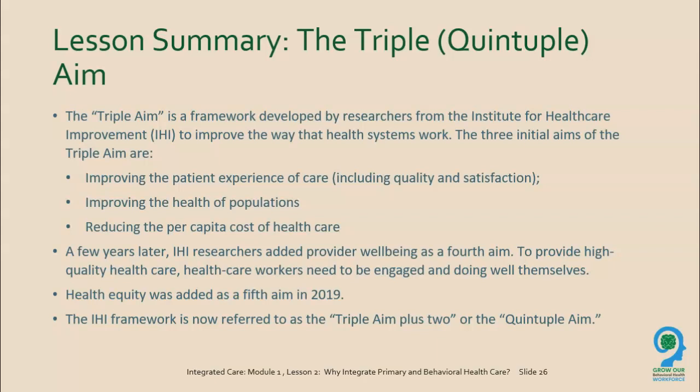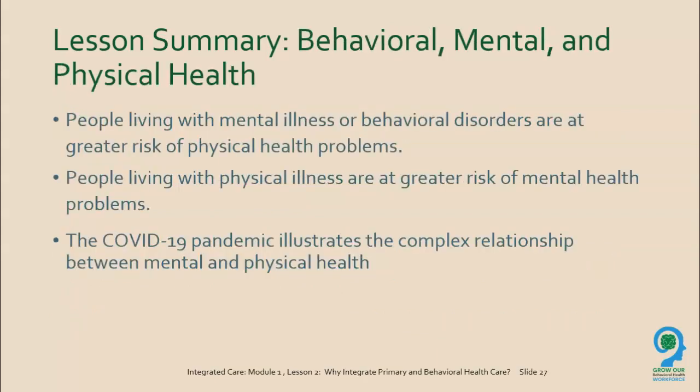A few years later, IHI researchers added provider well-being as a fourth aim. To provide high-quality care, healthcare workers need to be engaged and doing well themselves. Health equity was added as a fifth aim in 2019, and now the IHI framework is referred to as the Triple Aim plus 2, or the Quintuple Aim.